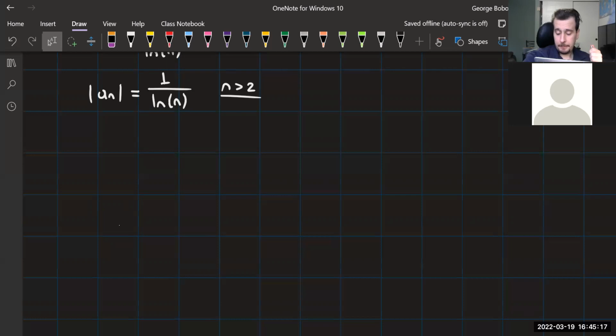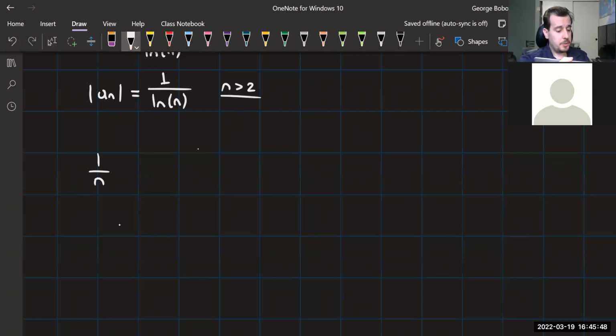Is it the power series that we just worked on, the x to the n? Not sure. Okay, I'll help you out a little bit, Kelly. So 1 over ln n, right? Another one that looks similar to this, and it's simpler to work with, is 1 over n.